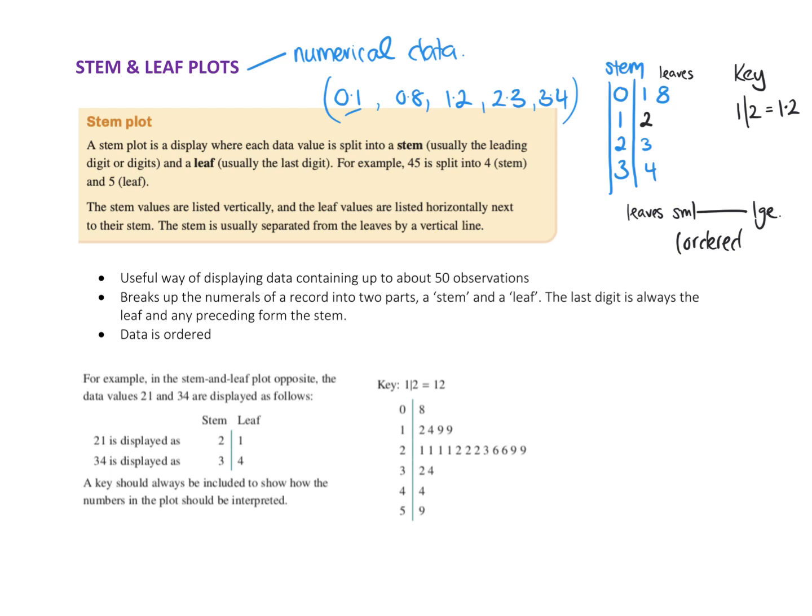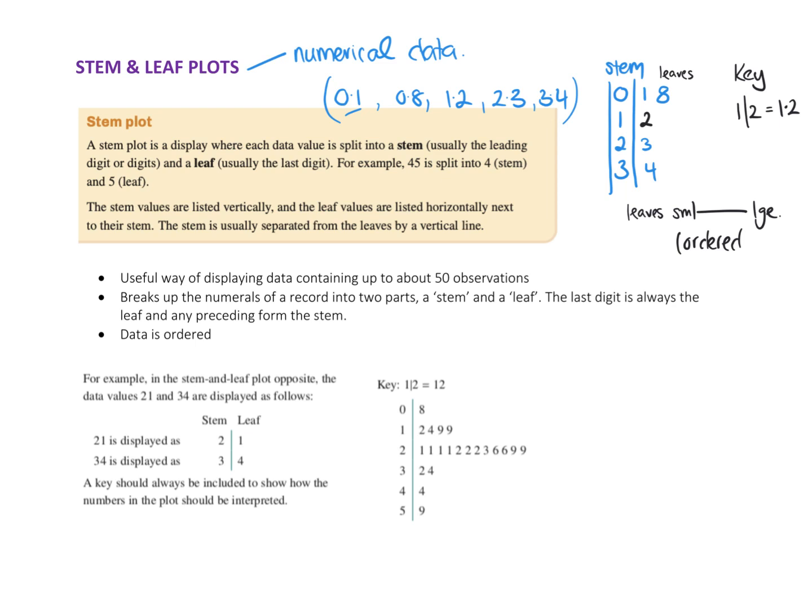So we go from smallest to largest. So that's very important that it is ordered when we do a stem and leaf plot. The stem and leaf plot is not one that comes up on our calculator. So we do have to create these ones ourselves. So we need to be wary of it. We're not going to have the calculator backing us up and ordering it for us.